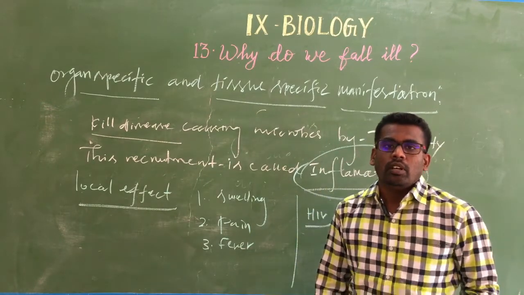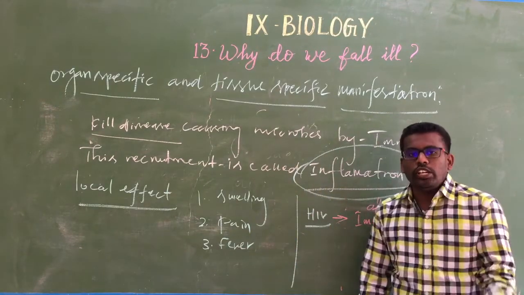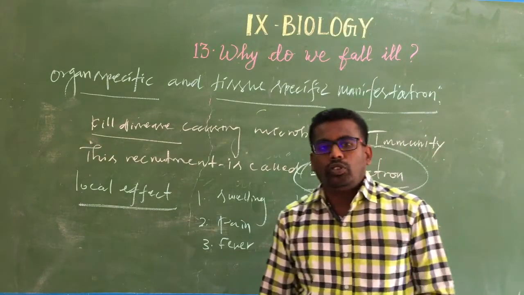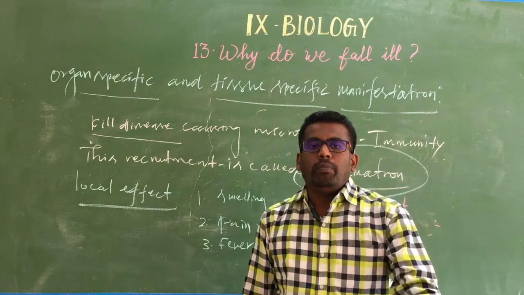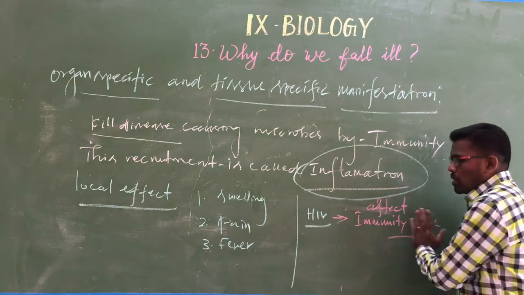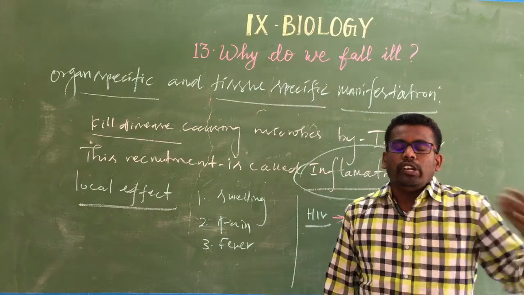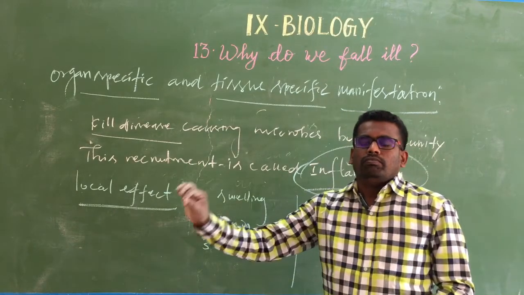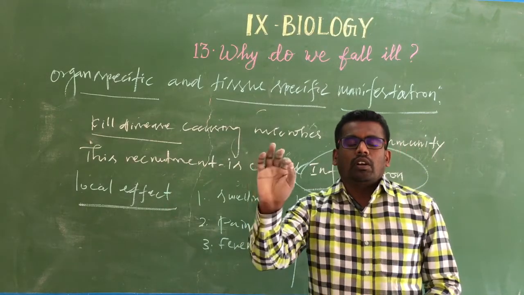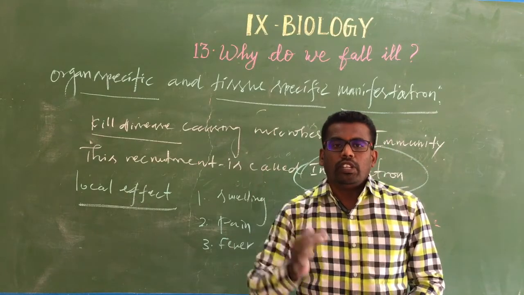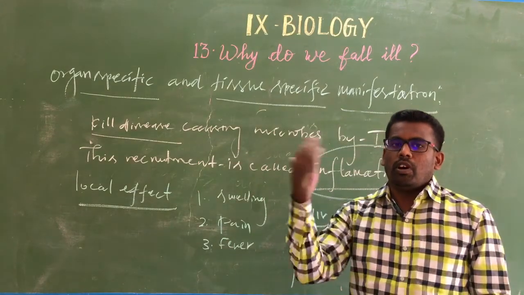turns into pneumonia. Because if we have immunity power, we recover soon. But HIV totally damages immunity power. We lose our immunity power, so a normal common cold turns into pneumonia, a severe illness.